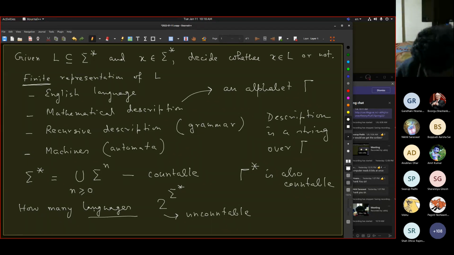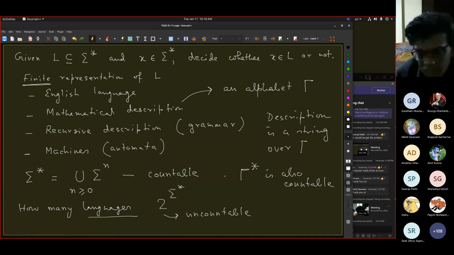So on the one hand, you see that there are uncountably many languages, or equivalently, there are uncountably many computational problems to solve. On the other hand, the requirement of finite representation of languages forces me to deal with only countably many descriptions. Yes or no?